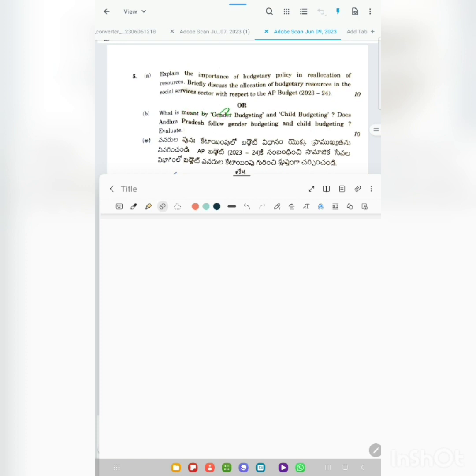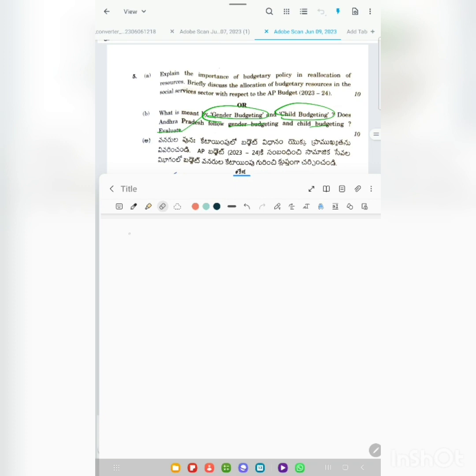See here, what is meant by gender budgeting and child budgeting? Does Andhra Pradesh follow gender budgeting and child budgeting? Evaluate. So there are 3 questions here.